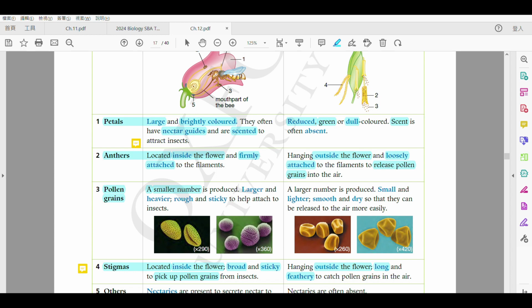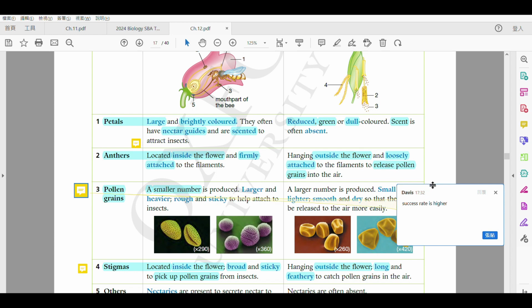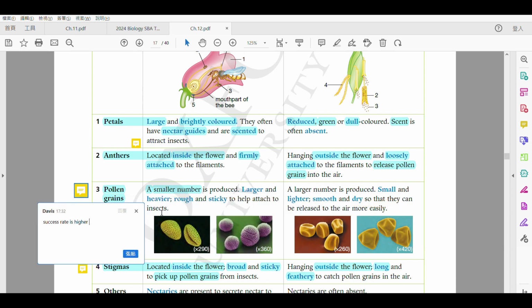And therefore pollination takes place. 就咁簡單啦。So usually the success rate 嗰個成功嘅率啊 the success rate is higher, right? For the insect pollinated flowers.